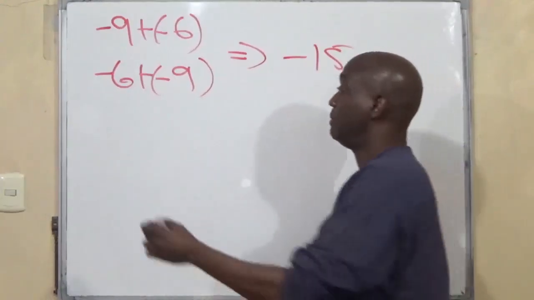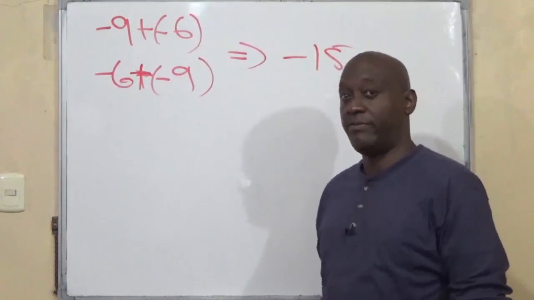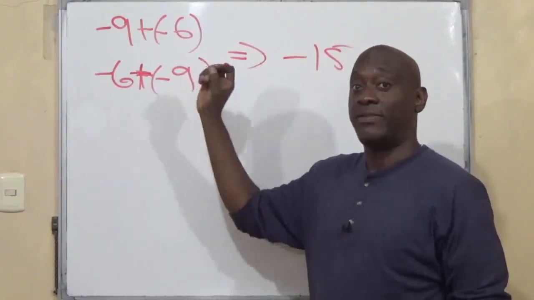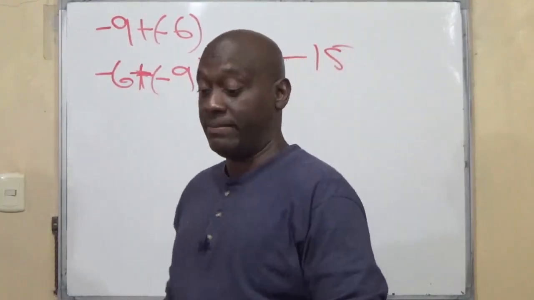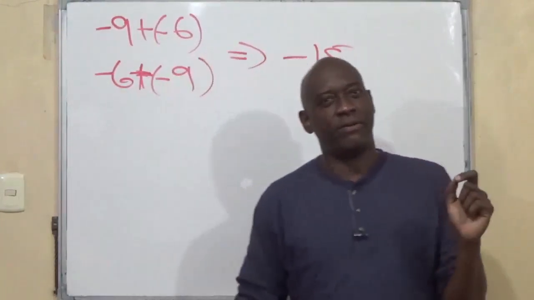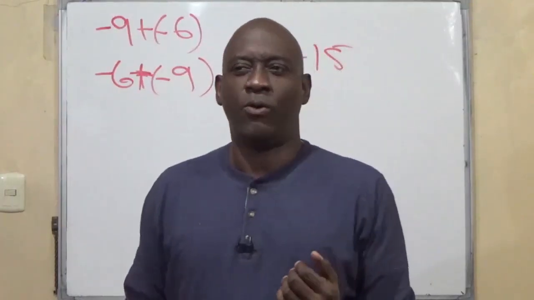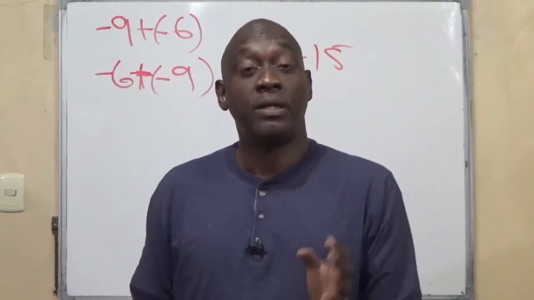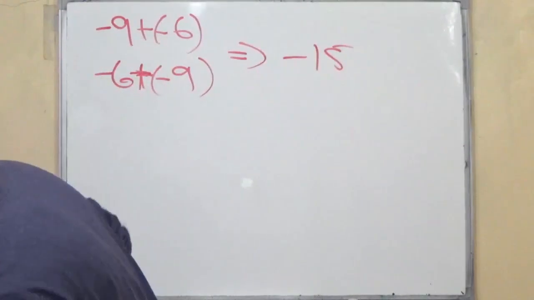So again, the commutative nature of the addition process comes to the fore, where it doesn't matter which one you put first and which one you put second. If you're adding, the answer is the same, even when negative signs are involved. So the commutative property does not depend on whether you're dealing with positive or negative numbers to hold. Commutative is commutative.